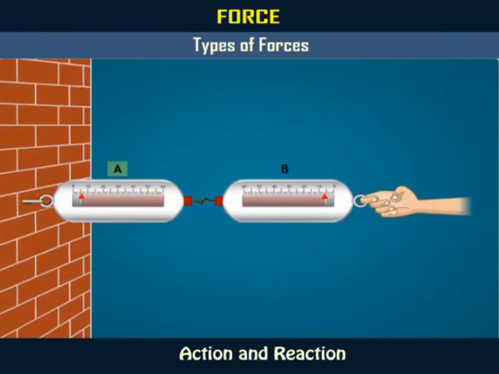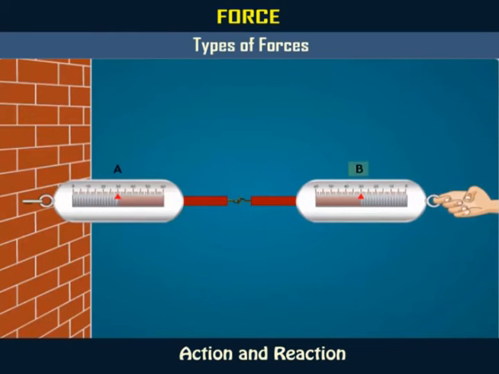A is fixed on the wall with the other end hooked to spring balance B. When a force is applied on spring balance B, it also stretches spring balance A. Observe that the readings on A and B are the same, indicating equal magnitudes of forces on the springs. However, the direction of stretch of A is opposite that of B.